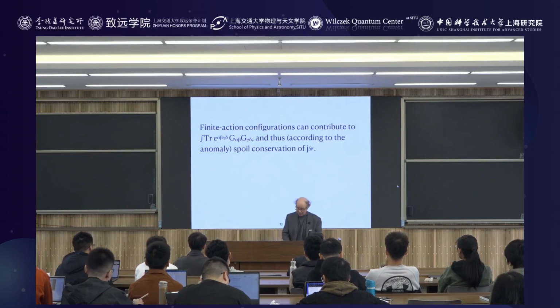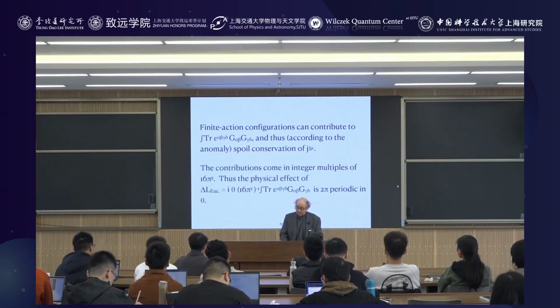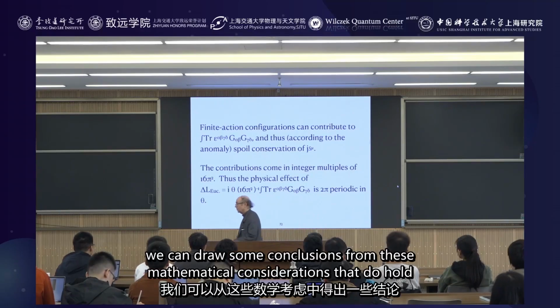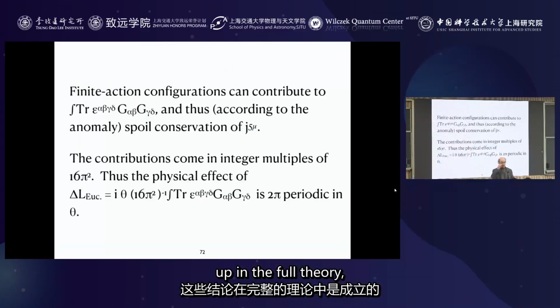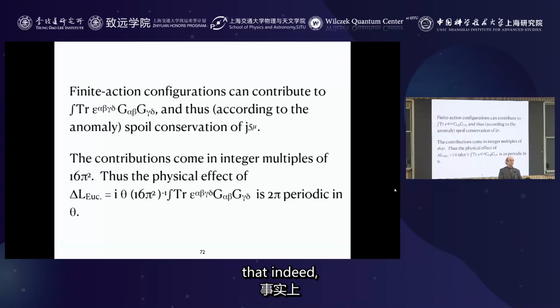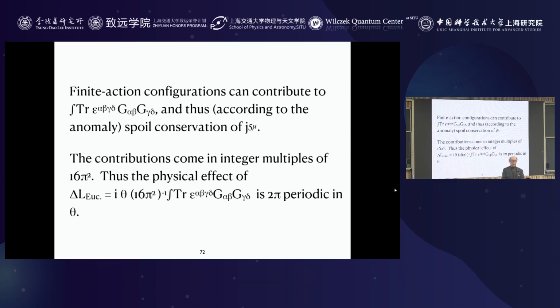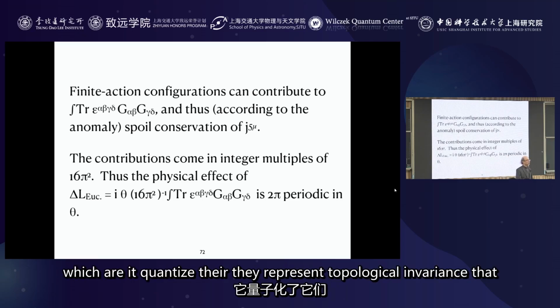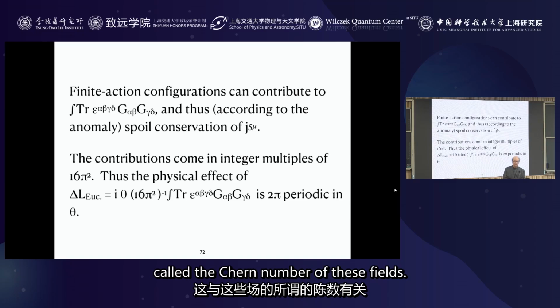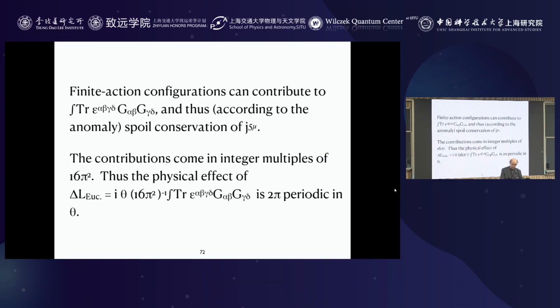However, we can draw some conclusions from these mathematical considerations that do hold up in the full theory. That is that indeed you do get non-trivial contributions that are of a topological nature, values which are quantized. They represent topological invariants. They're related to what's called the Chern number of these fields.